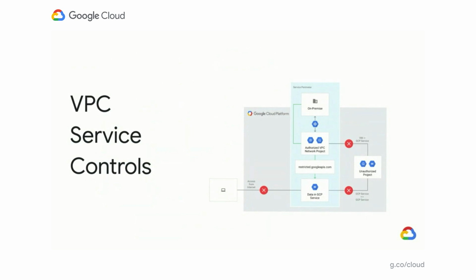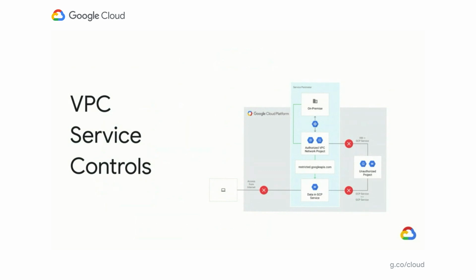With the combination of private IP addresses and VPC service controls, you're now able to make private your Cloud SQL instances both from a data path perspective as well as a control path perspective. The private IP or VPC allows you to protect the data path, the things that your clients and applications are connecting to, by using a private IP address on a VPC that you control.